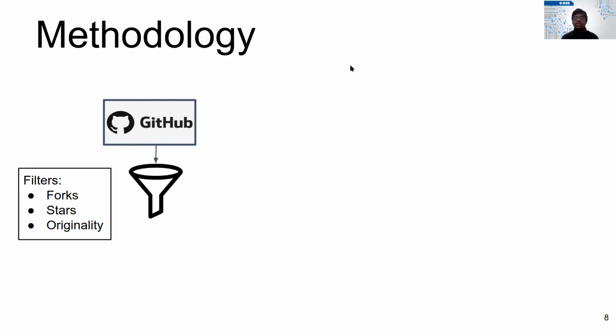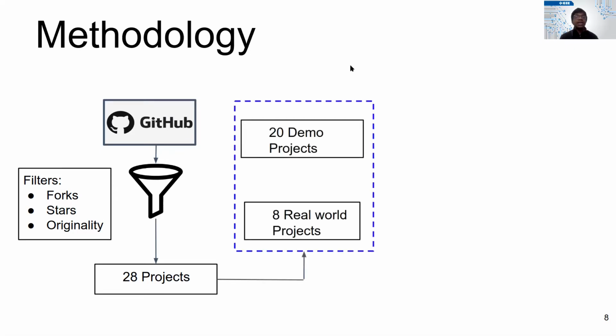And we also took into consideration the originality of the project. So we filtered out any duplicate or clone project. After applying these filtering criteria, we were able to collect 28 Java enterprise applications. After further analyzing, we found that 20 of them are demo projects and 8 of them are real world projects.